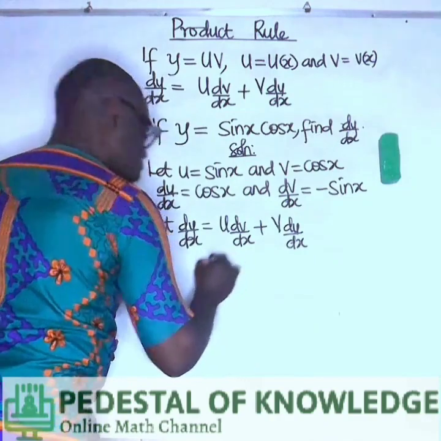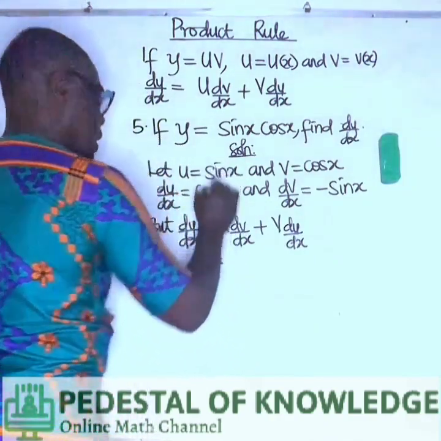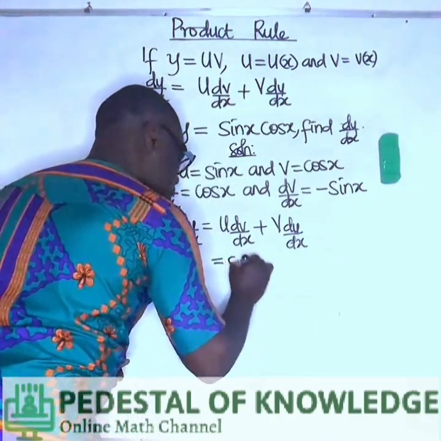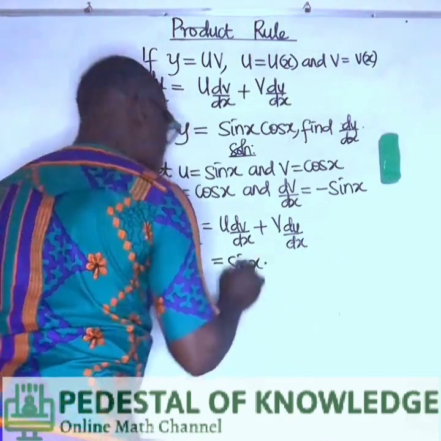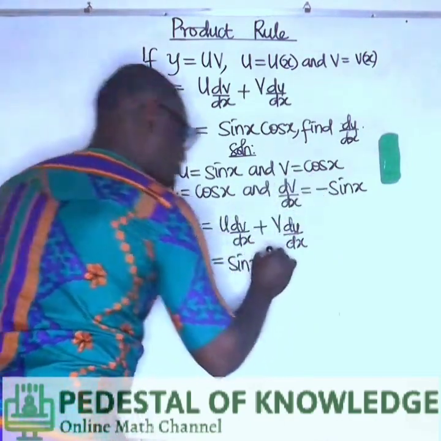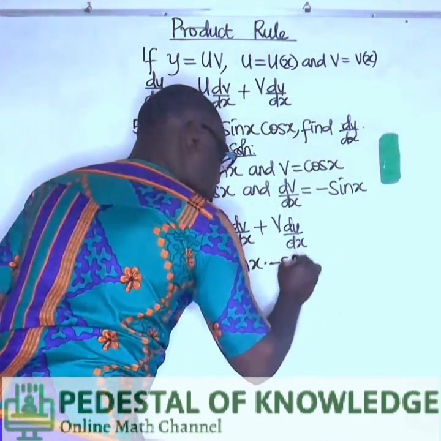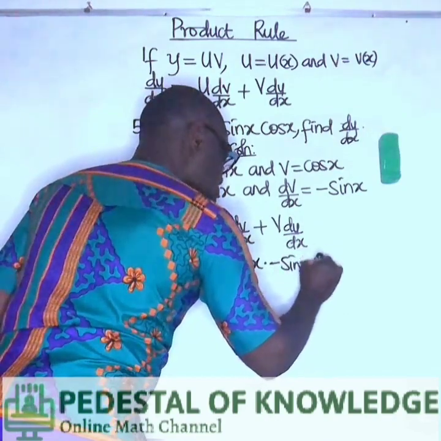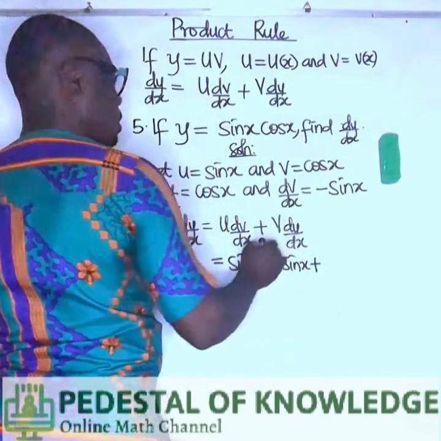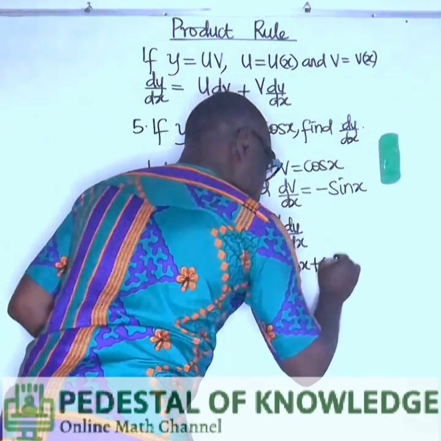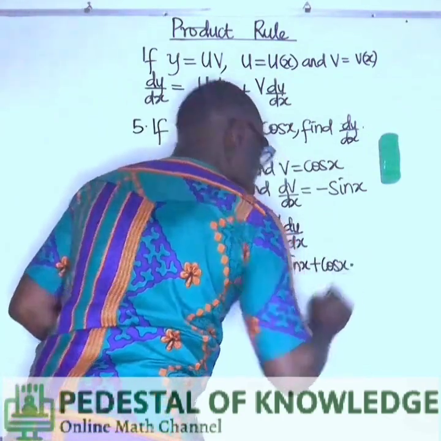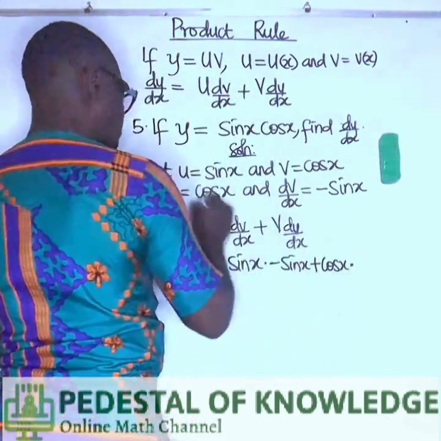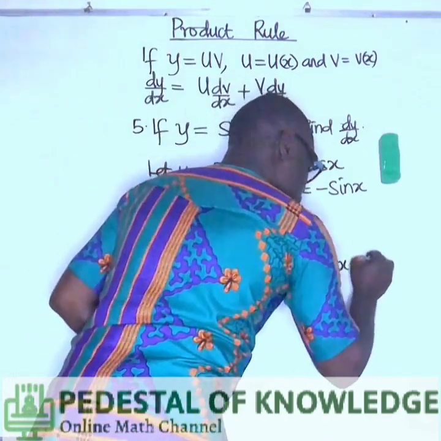And this is equal to u is sine x multiplied by dv dx is minus sine x plus v is cos x multiplied by du dx is cos x.